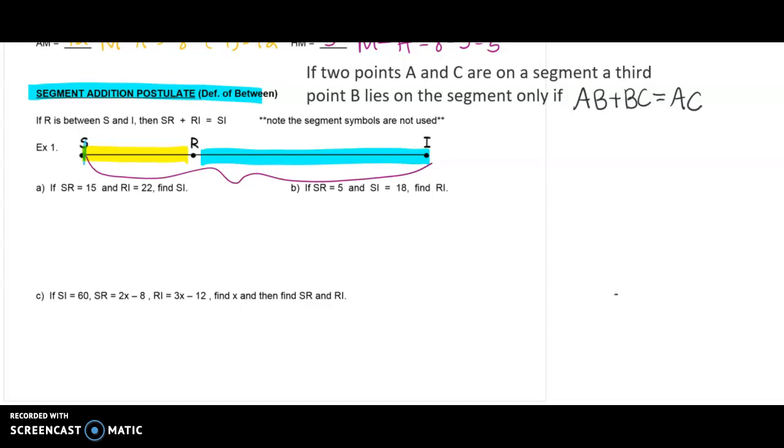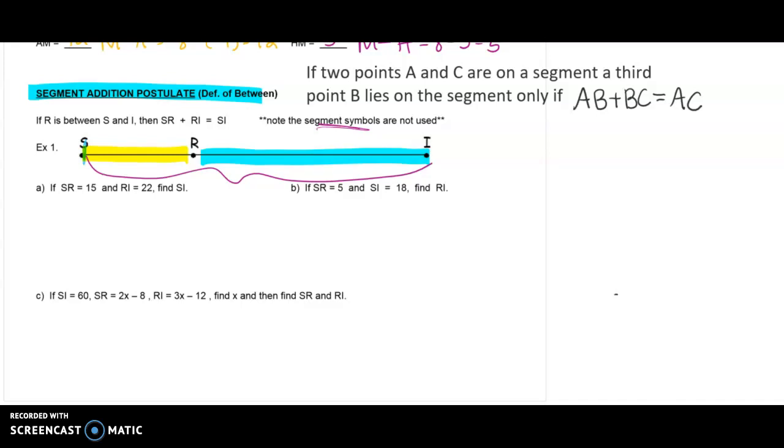So if R is between S and I, then SR plus RI will equal SI. Notice there are no segment symbols because we are talking about lengths. So the length of SR plus the length of RI is equal to the length of SI.